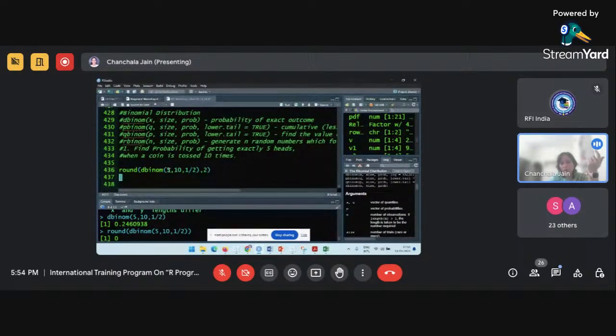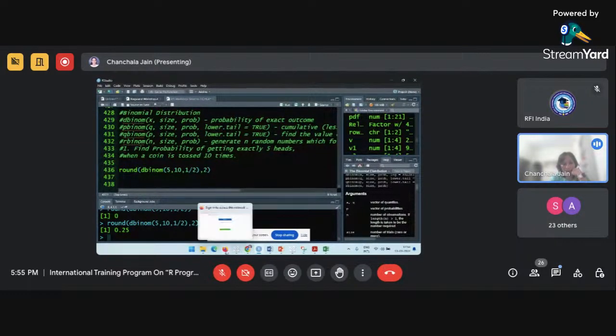Before this function, I have used one more function with the name round. In the round function bracket, the first parameter is this d binom function, and after the comma, up to what decimal point you want to round off the answer. That is up to 2 decimal points. When you press Control Enter, you get this answer, 0.25.